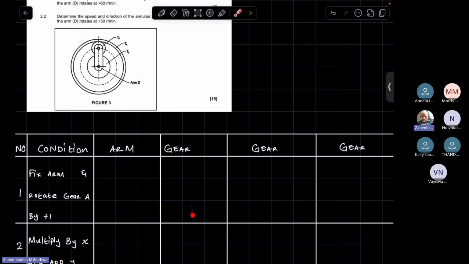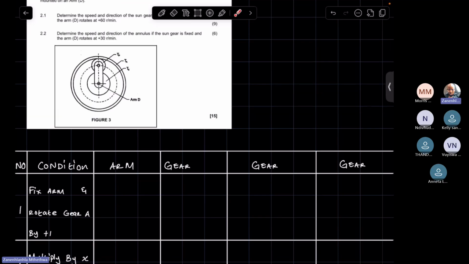Now the columns that follow, I want you to take note of the order in which I arrange them. The arm has been denoted as arm D, so we can write D here. The annulus has been denoted as A, so we can simply call this gear A.